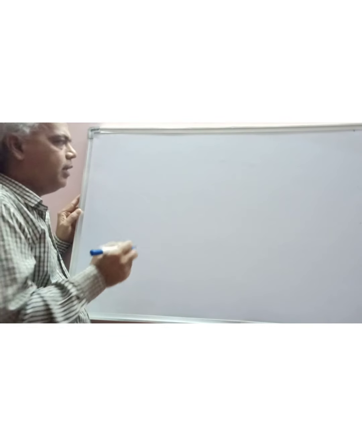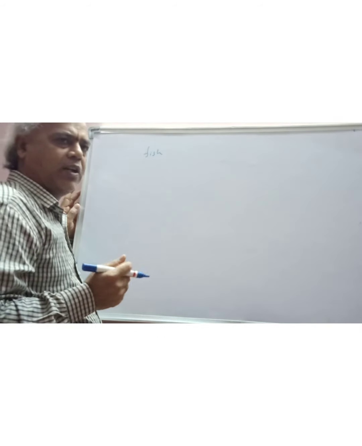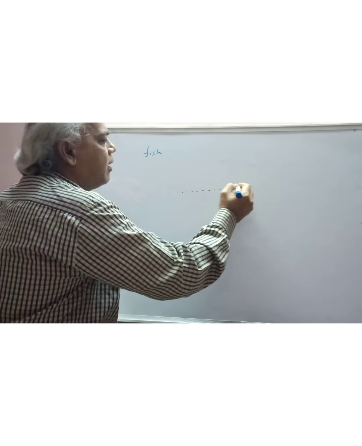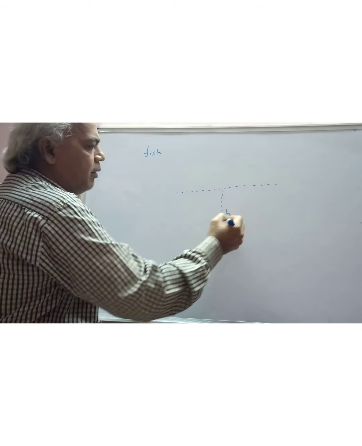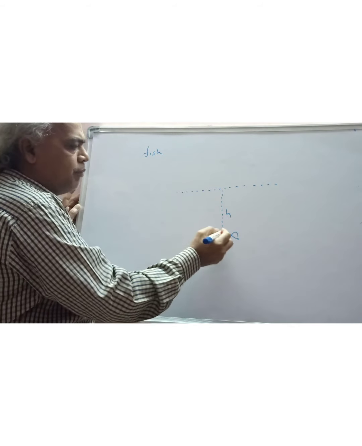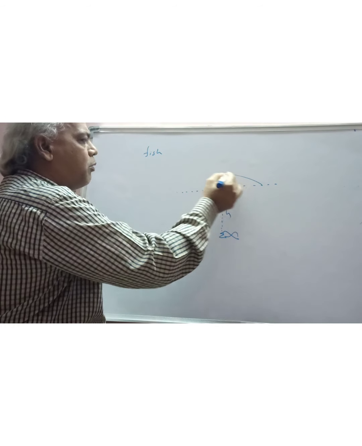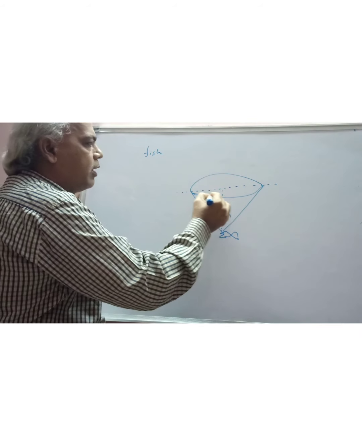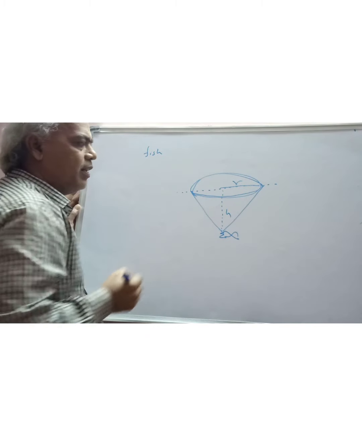Next application is a fish observing the outside world from water. Here it is the surface of water, and a fish at a depth h inside the water. This fish observes the outer world as an inverted cone. This is a circle, and this is the radius of the circle.